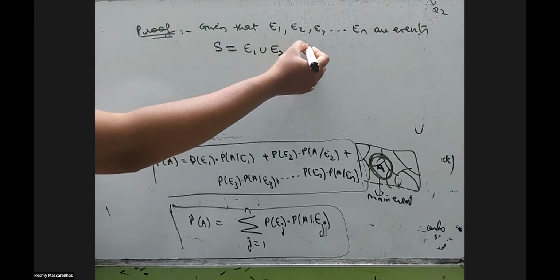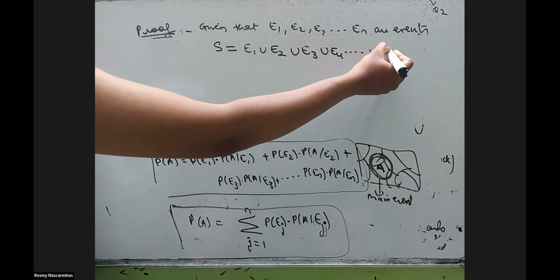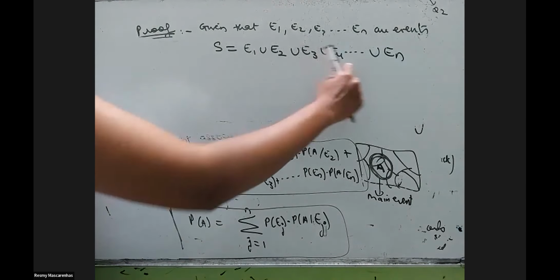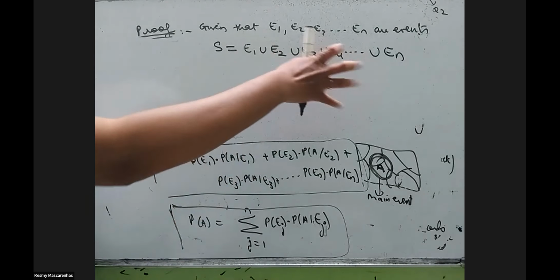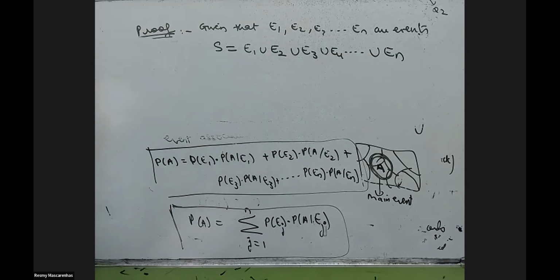If you unite them, union means what? Basically, you're combining all of them. If you're combining all of them, it should give you the sample space.